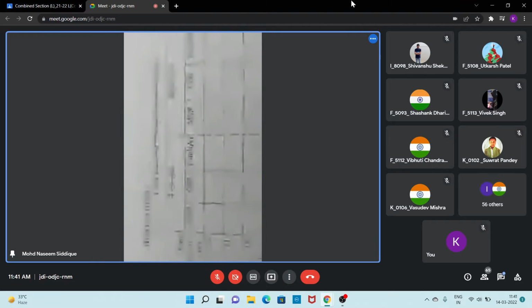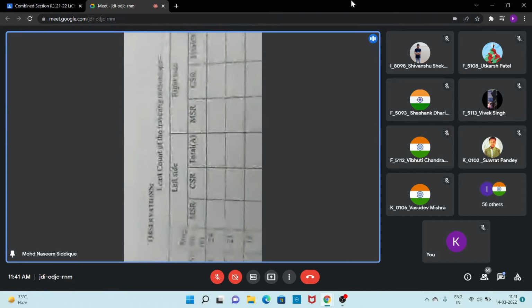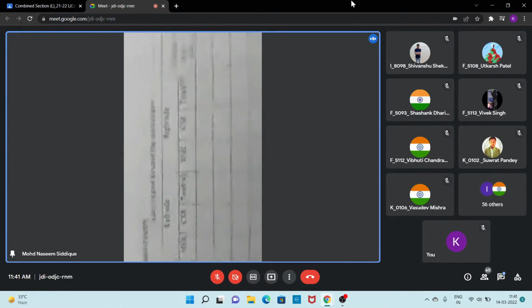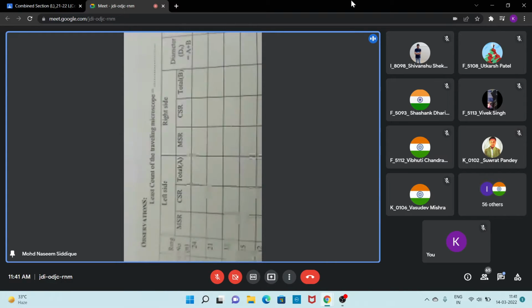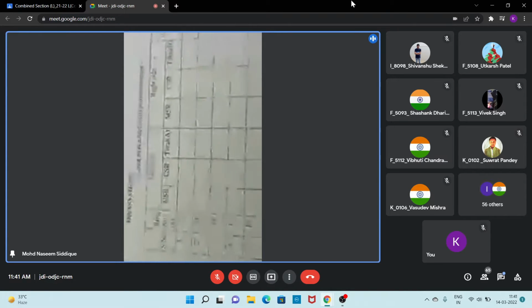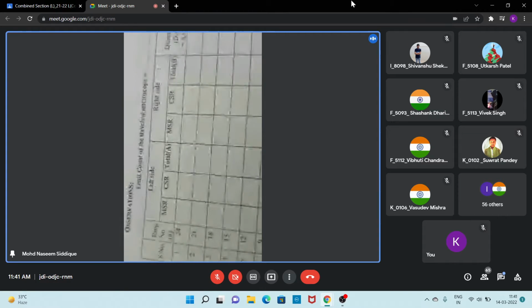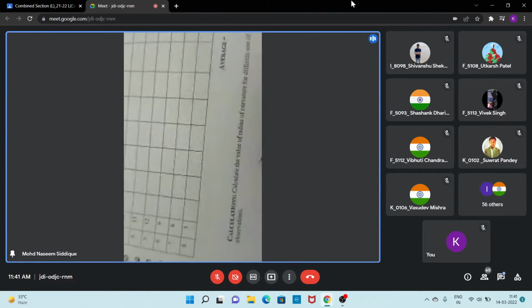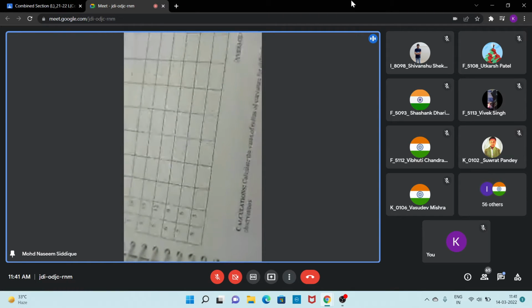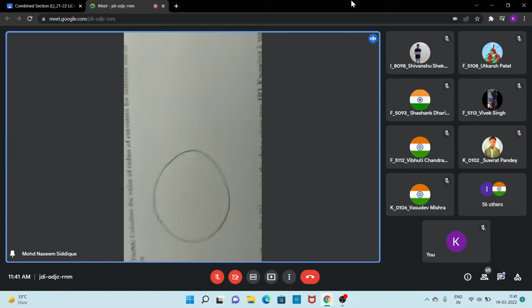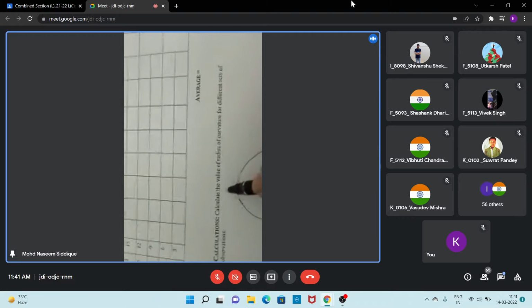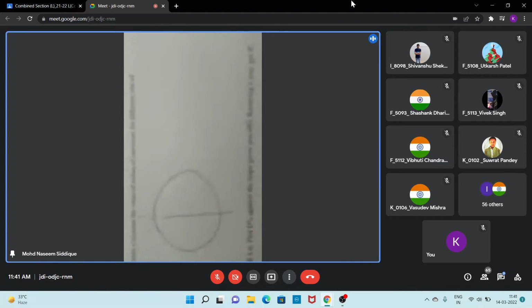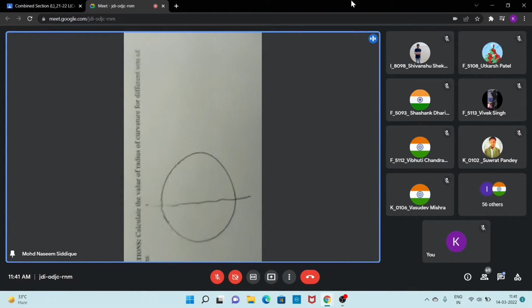First we will note down the least count of the traveling microscope, which will be in millimeter. Suppose that I am drawing a Newton's ring fringe, and suppose the cross wire is initially at the center of this ring.